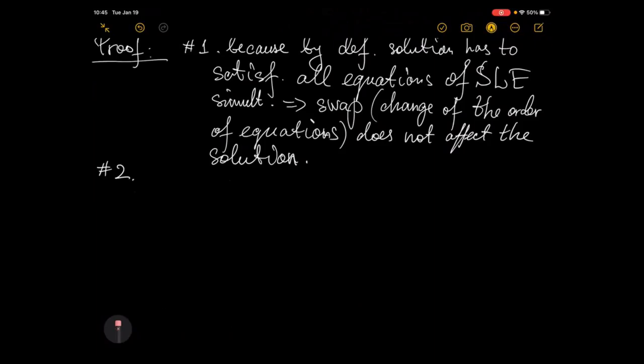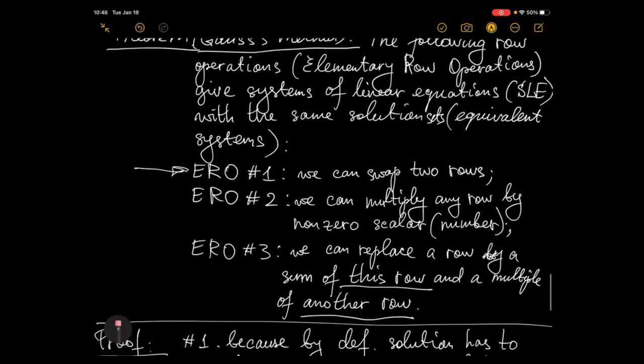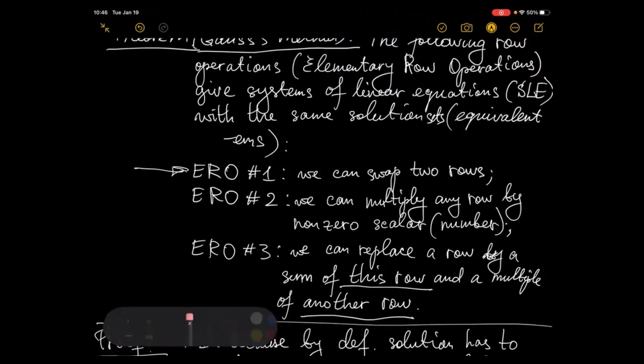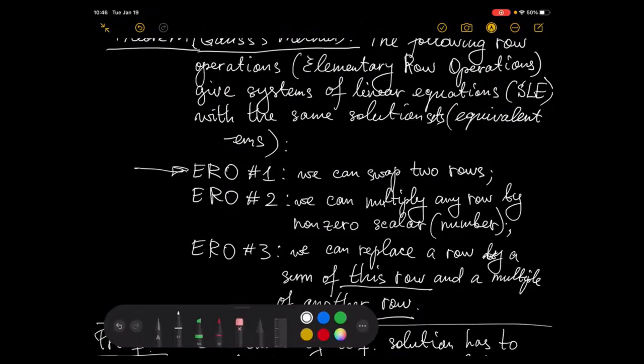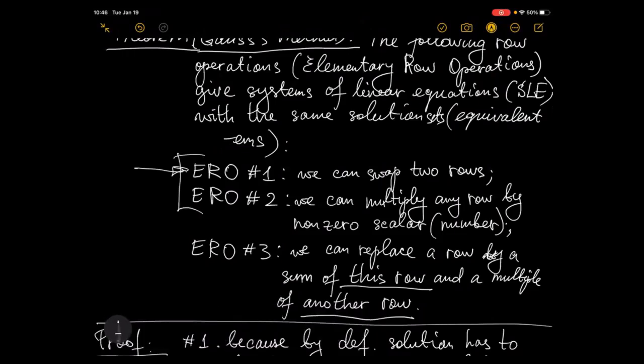So I don't want to delay you, but just wanted to say that the thing is that these two operations are obviously invertible, right? So for example, if we multiplied some row by alpha, which is non-zero, right?